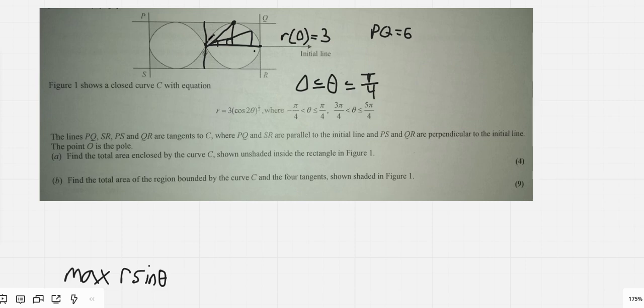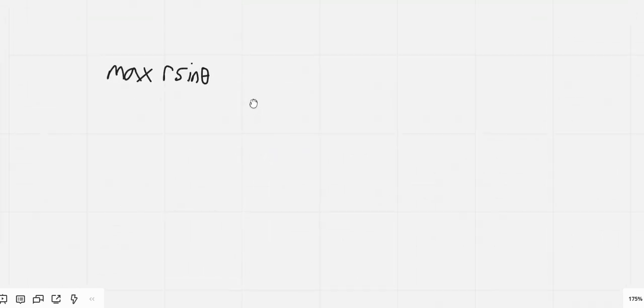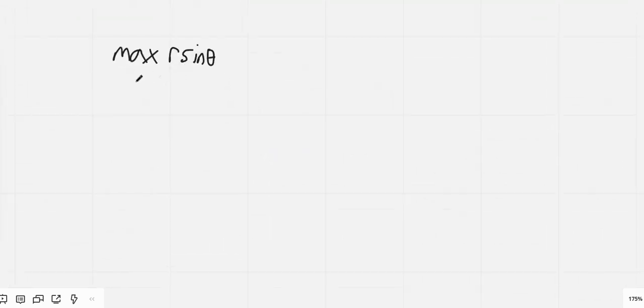If we tried drawing a 45-degree line, it would just coincide with the origin. So our theta is going from 0 to pi over 4, and we would like to find the maximum of r times sine of theta. We can write this as a function of theta only, so that we have a single variable function that we're trying to optimize, and then we can just take the derivative.